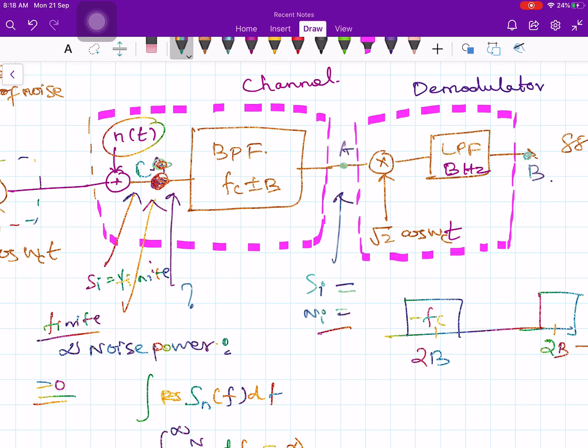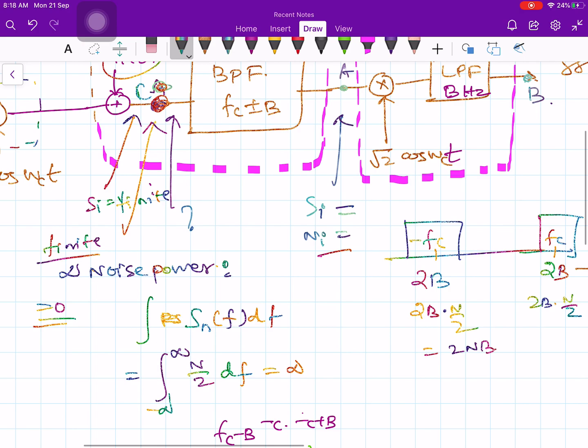So 2B times N by 2, 2B times N by 2. In total it is 2NB. Therefore, your input noise power is equal to 2NB. It is simple to calculate before the demodulator.